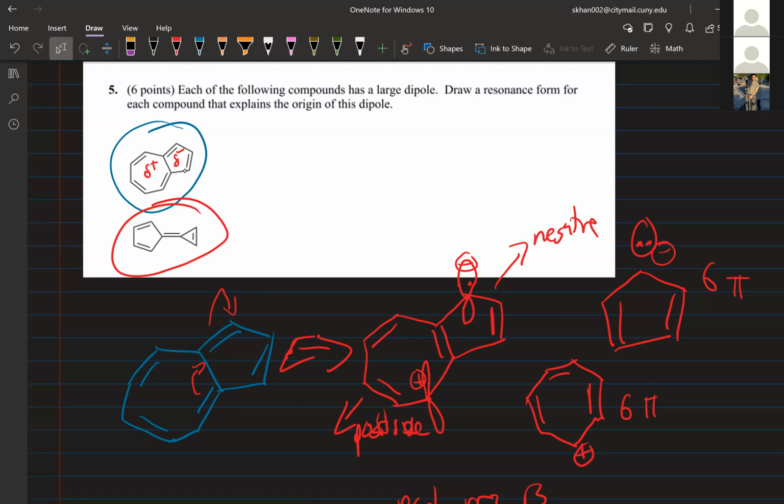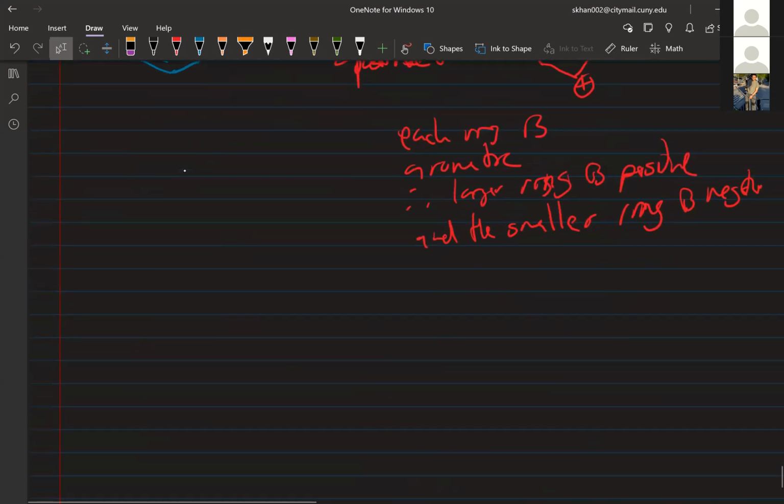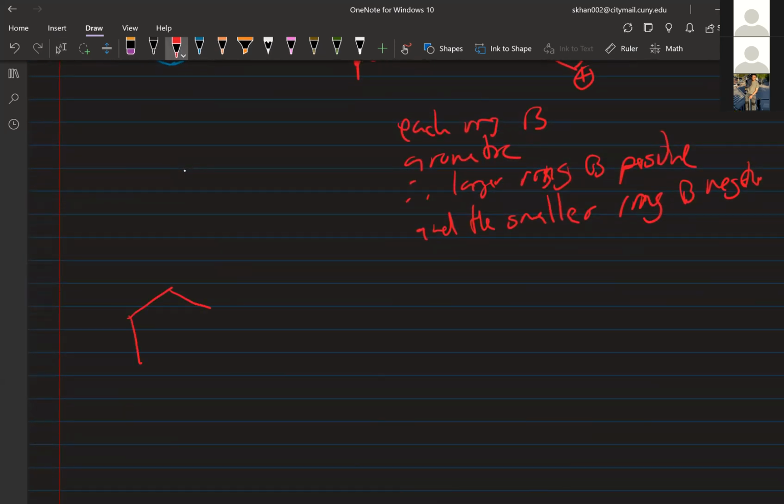Okay. So Mohammed there said left ring would be negative and the right ring would be positive, and that is correct. So let's draw it out. So if we did this, we had this, right? And we had the 2 bonds here. So let's do it both ways just to make sure we don't mess up here.